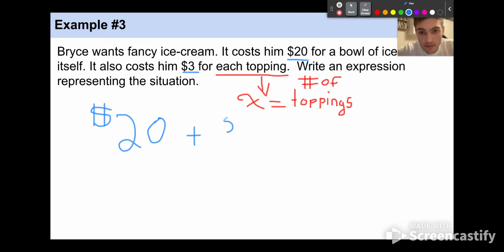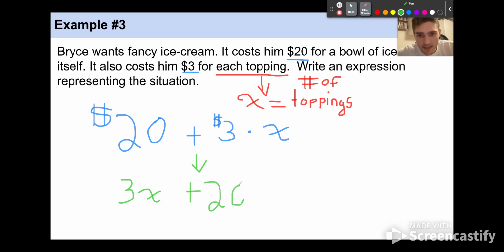It's going to be the $3 times X. And like I said before, we could leave it like this, but it doesn't really look clean. So we're just going to reorder it, restructure it. Our final answer is 3x. We don't even need the dollar signs, really. 3x plus 20.